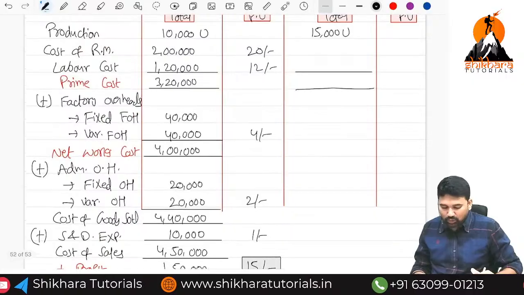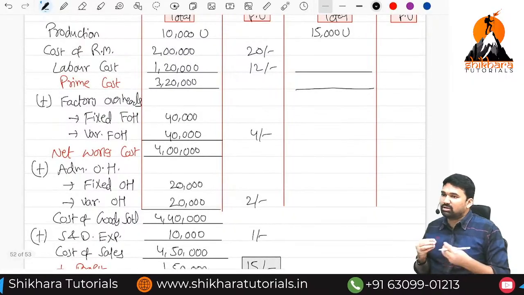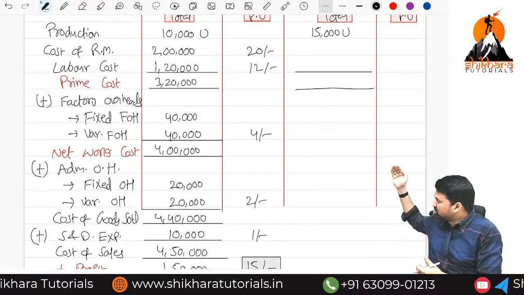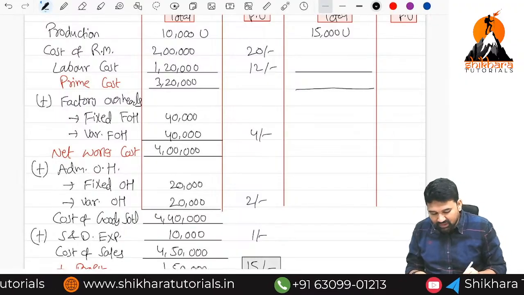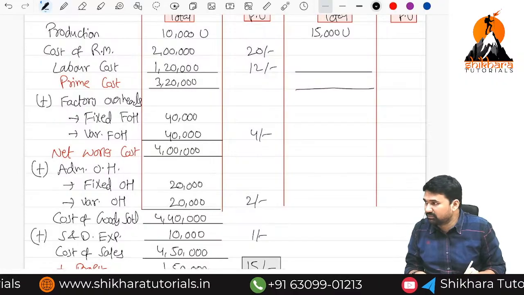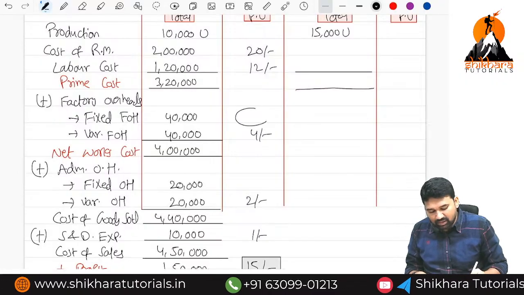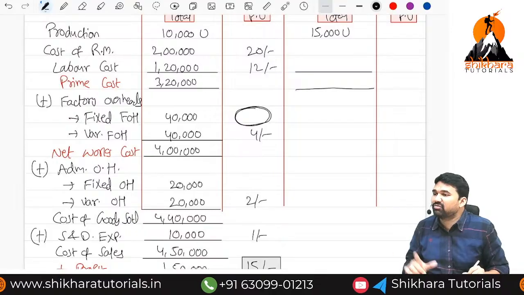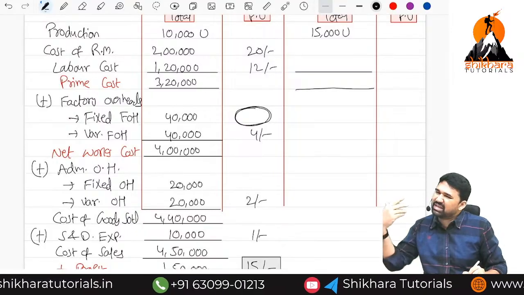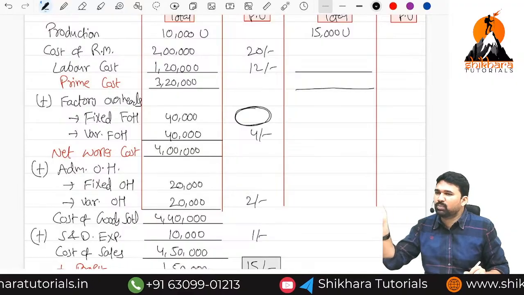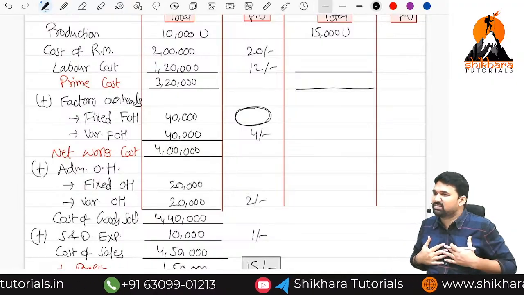Sir, even though it is not material, I'll try to find the cost per unit of each. Yes, you can find it. Listen carefully. Fixed overheads is 40,000. We are not considering it as cost per unit. Why? Because fixed overheads cost per unit will keep on changing. So there is no point. For calculation purposes, I need it, sir.